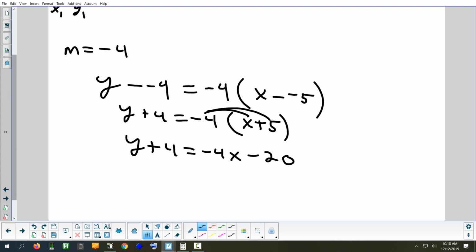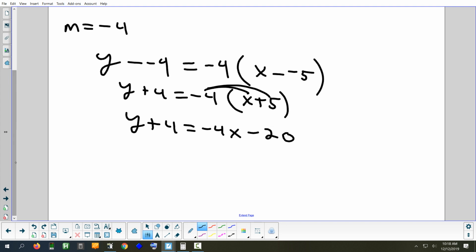Now, is that point slope anymore? It's like half. It's not really because you distributed. Is it slope intercept? No. No, not really. It's nothing right now. It's like in the middle. What's the last step to get it with y by itself? Subtract 4 on both sides. -4, -4, plus 4 minus 4 is gone.